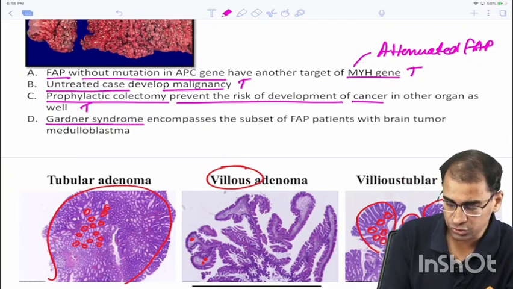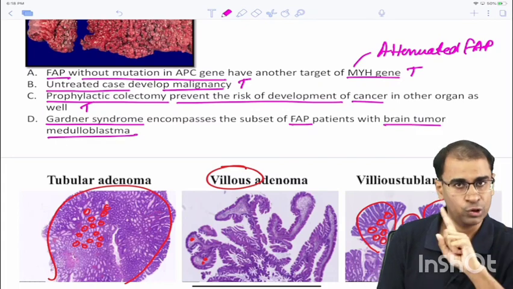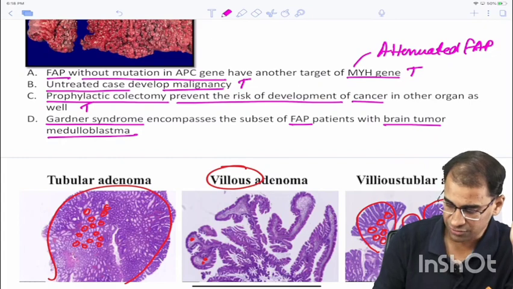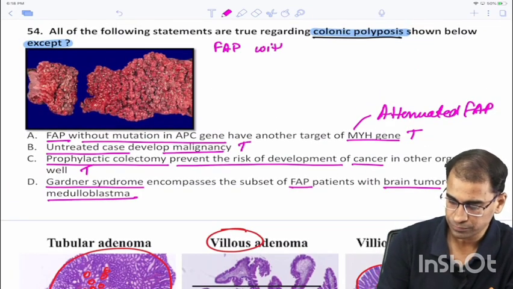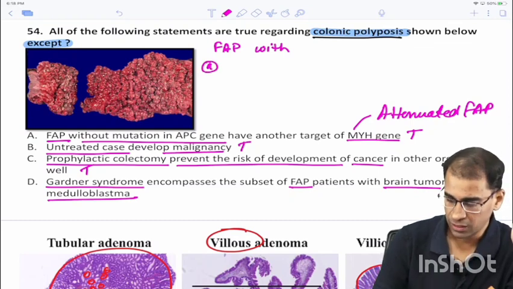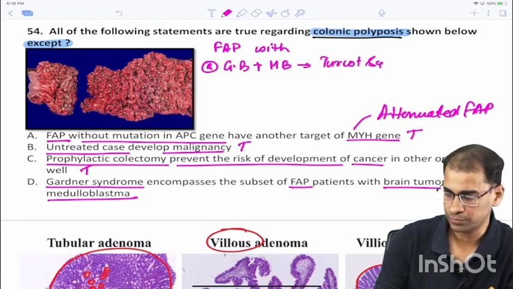And remember, Gardner syndrome encompasses a FAP with brain tumor and medulloblastoma. No, no. This, remember two things. Whenever you see a patient with FAP, if you see glioblastoma and medulloblastoma, it is Turcot syndrome. Turcot syndrome.